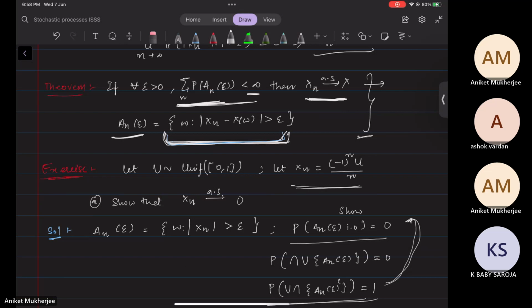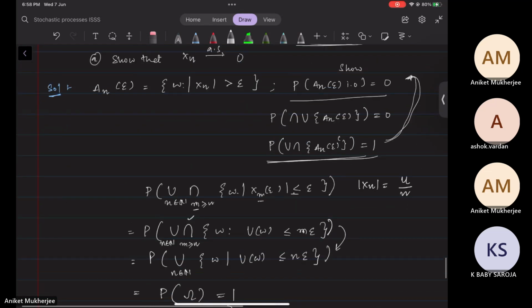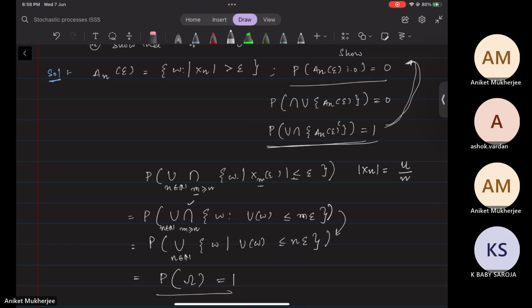The proof for this theorem, if you want, I can do in a separate class, maybe not next class, but some other time. For now, take it for granted that if you can generate these types of events and show that they don't occur infinitely often, then X_n converges almost surely to X.